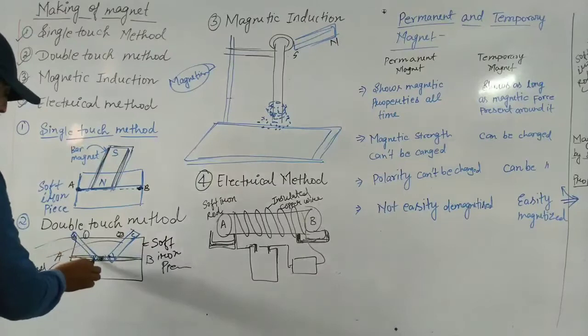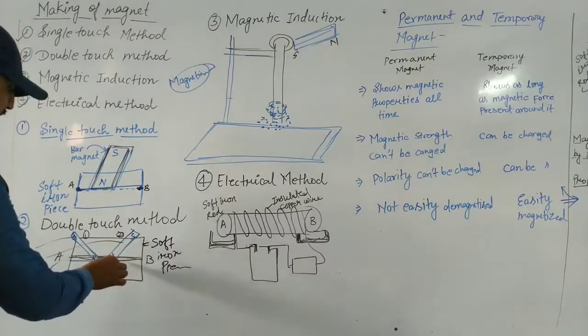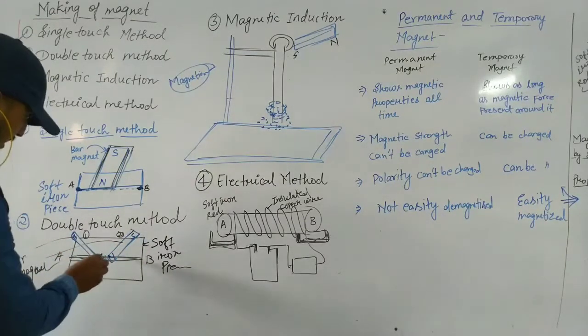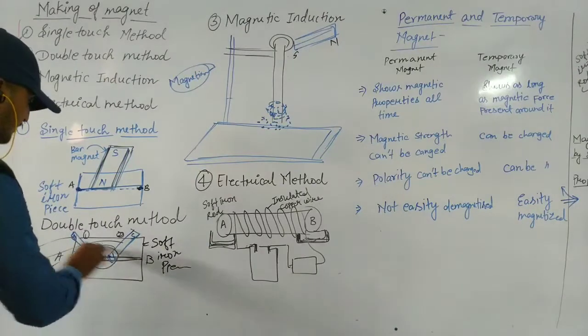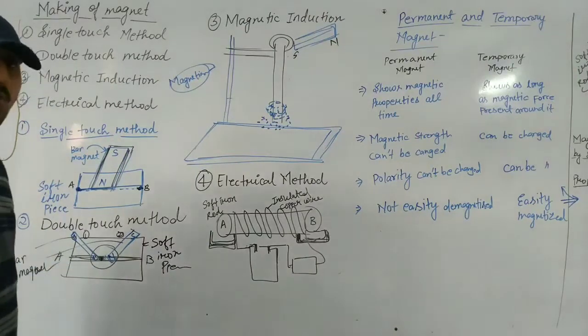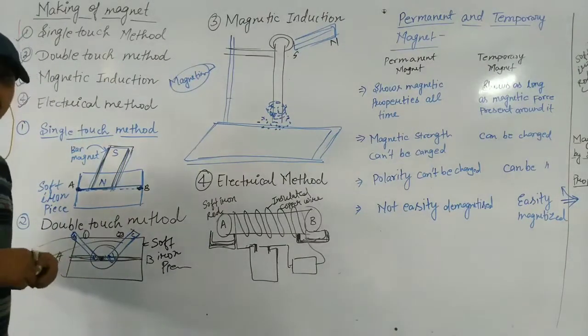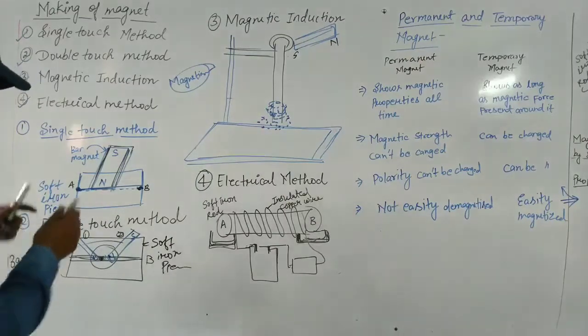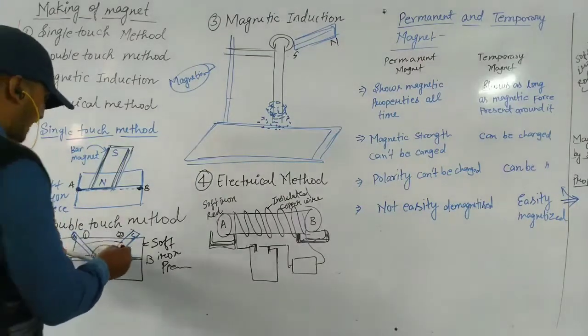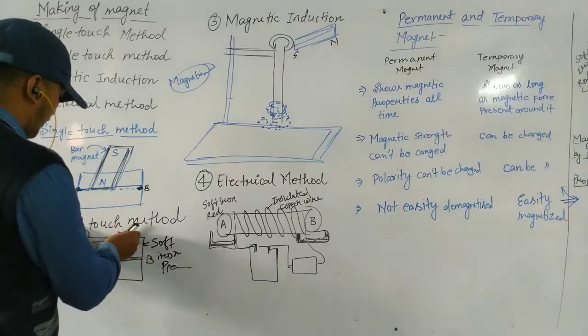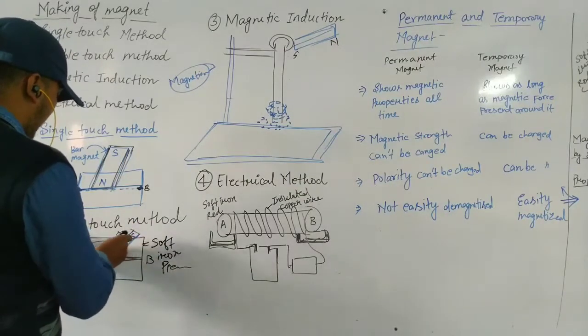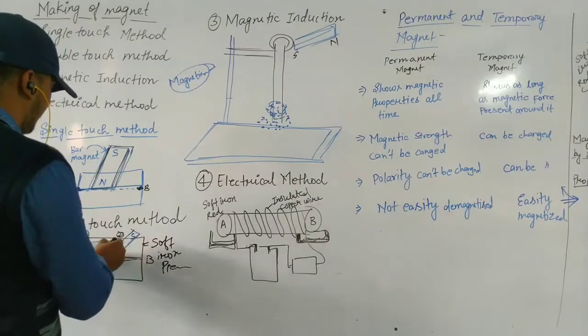This is the north pole, this is the south pole, this is the south pole, and this is the north pole. It means we have to keep these bar magnets with opposite poles, and then slide them from here to here, and we have to do this process continuously.